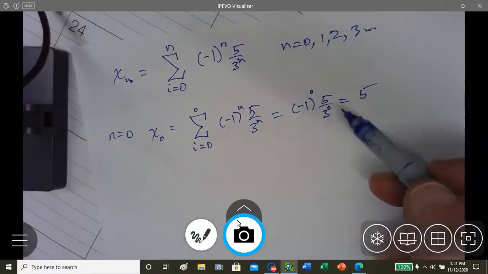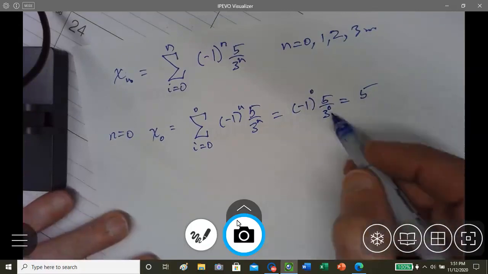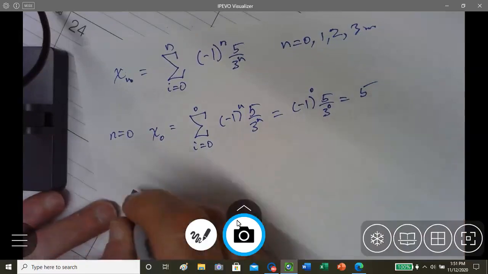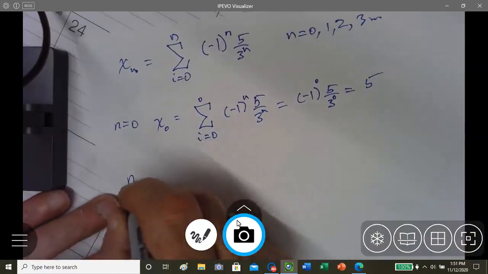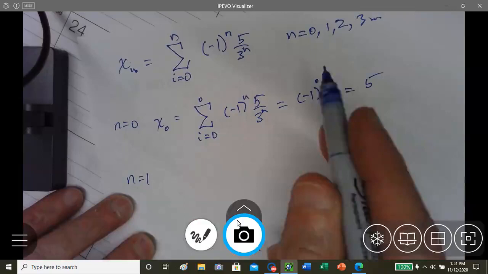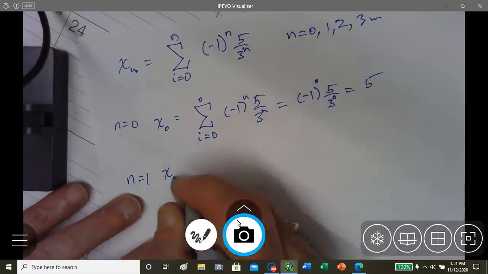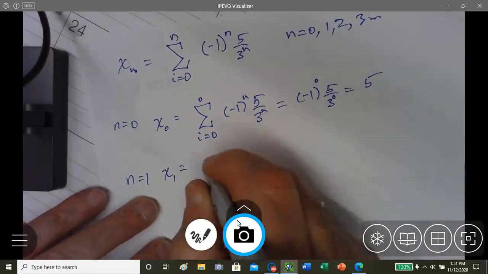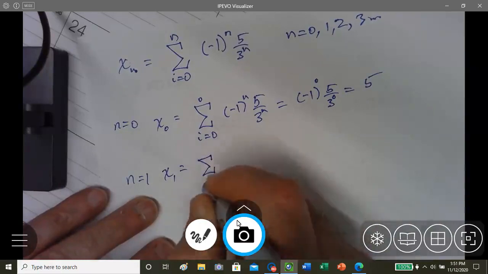So that changes that negative 1 to a positive 1, and so that's 1 times 5 over 1, and that just gives us 5. Okay, the next one, and now we're not going to keep doing this, but I want to show you what's going on with this sequence.